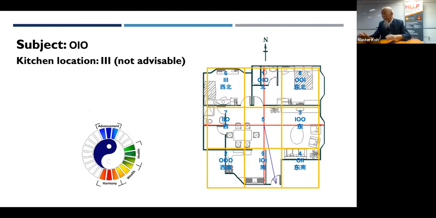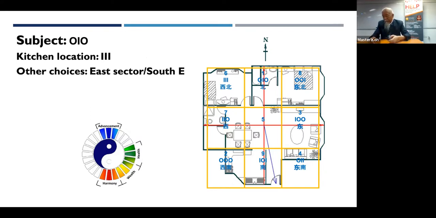The subject is the same person, 0, 1, 0. But because the door is 1, 1, 1, it's considered not advisable. Why? Because you have 1, 1, 1 and then the subject 0, 1, 0 following suit.